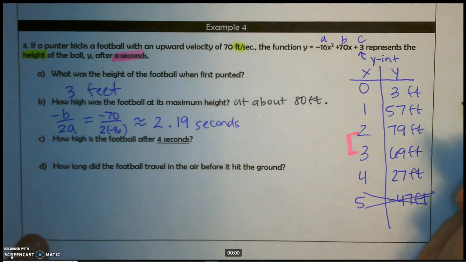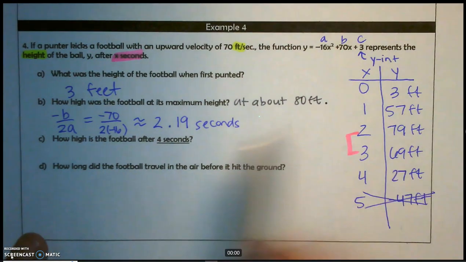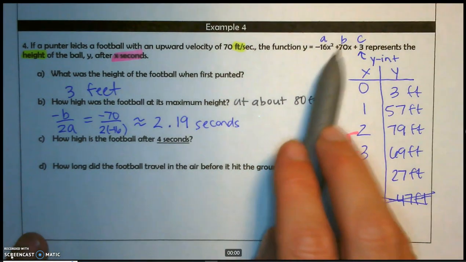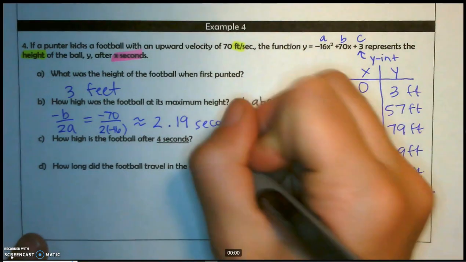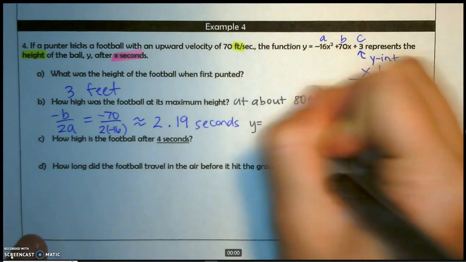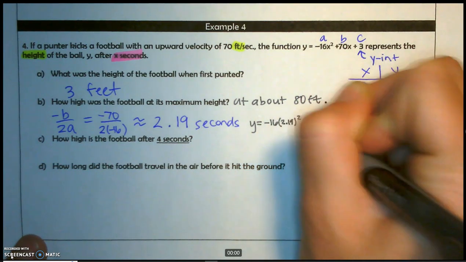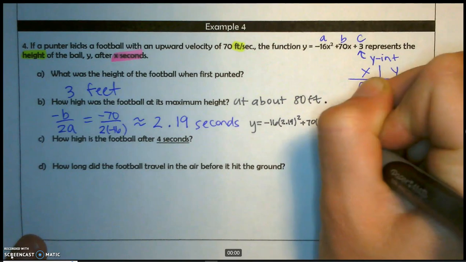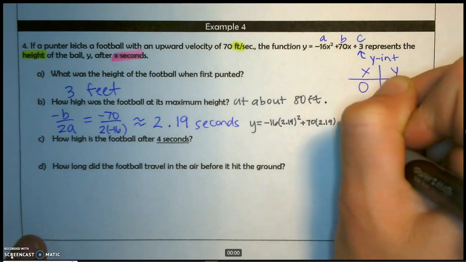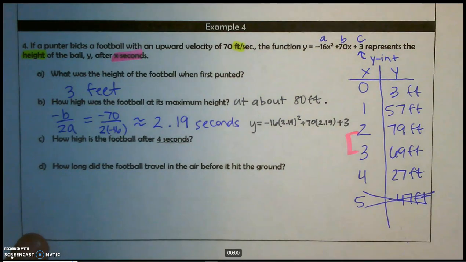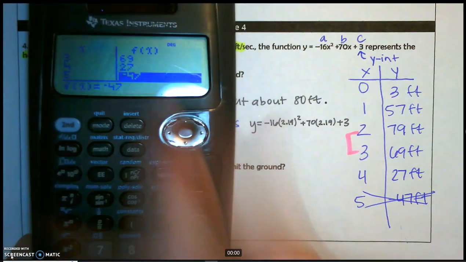Or if we wanted to give an exact answer, we would have to plug this value into this equation. So y is equal to negative 16 times 2.19 squared plus 70 times 2.19 plus 3. Let's punch that in and see what we get.